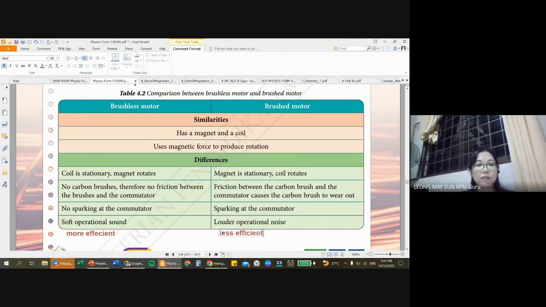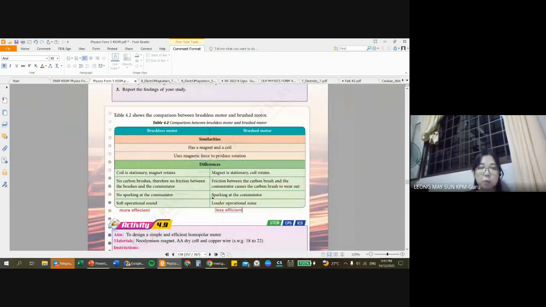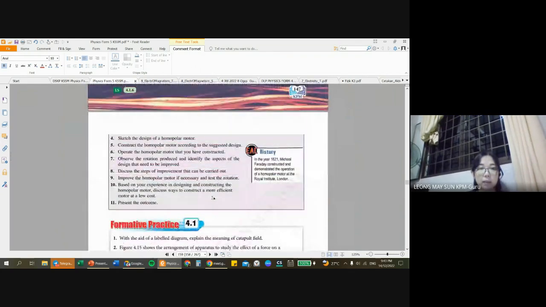In terms of efficiency, a brushless motor is around 80% to 90% efficient at converting electrical energy to kinetic energy. But for a brushed motor, because there is friction, there will be energy loss in terms of heat and also in terms of sound. So it is less efficient, roughly only 70 to 80% efficiency. All right, so that's the difference between a brushless motor and a brushed motor. I think that should be about it.